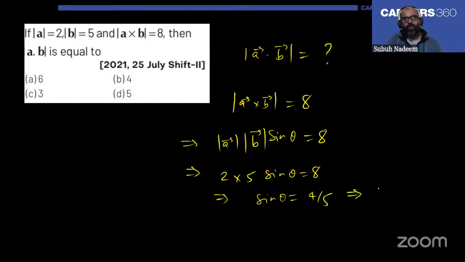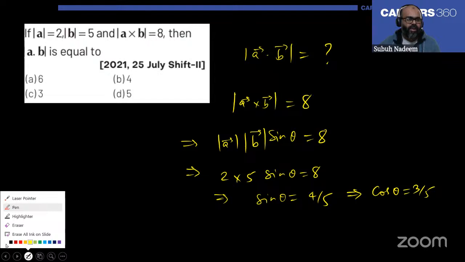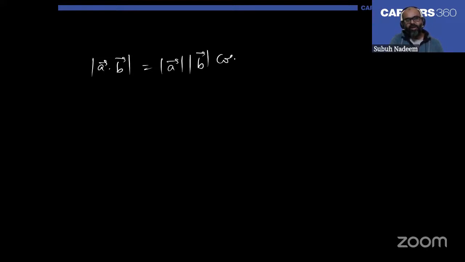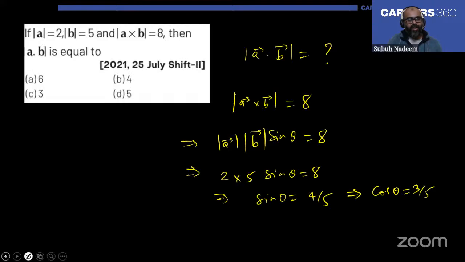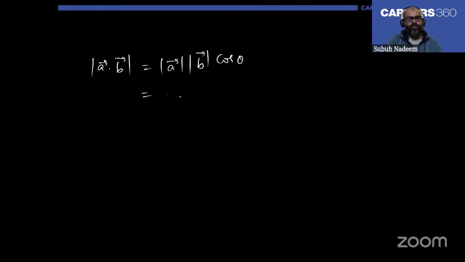If sine theta is 4 by 5, cos theta is equal to 3 by 5. And you have to find mod of A dot B. So mod of A dot B is mod A, mod B, cos theta. Mod A is 2, mod B is 5, and cos theta is coming 3 by 5.